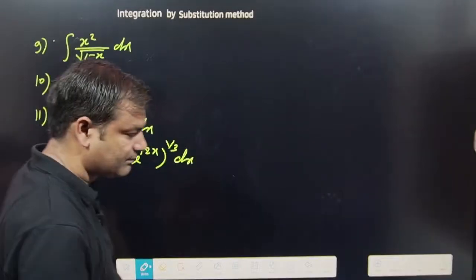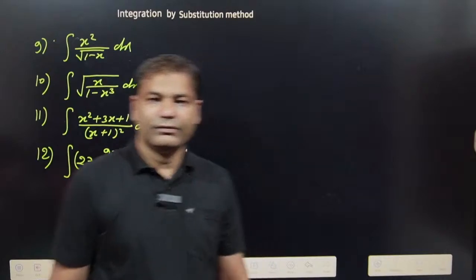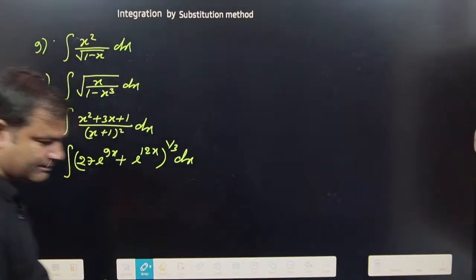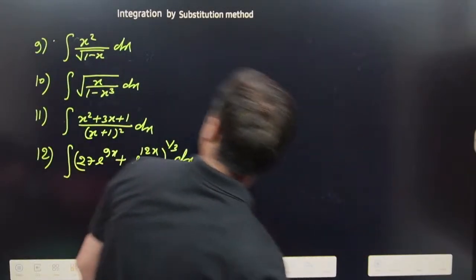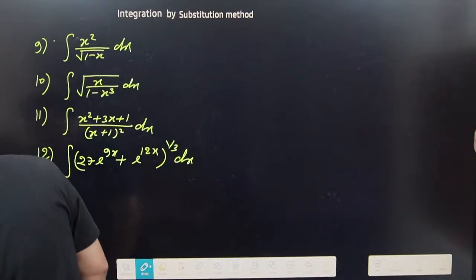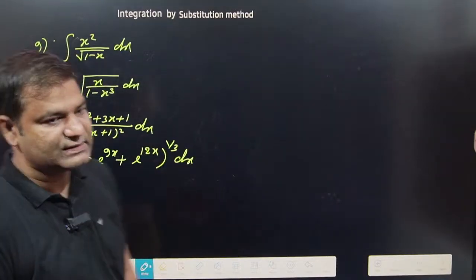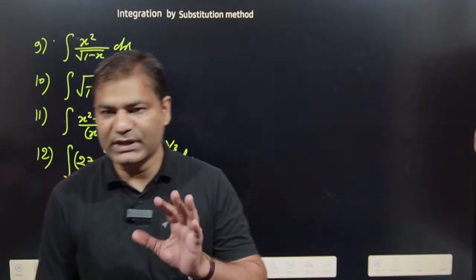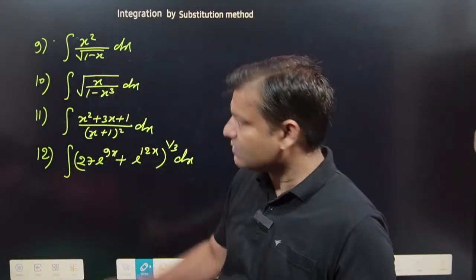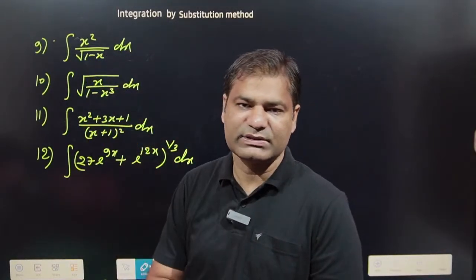One by one. First of all, everyone can try. How can we do? Question number 9. X square upon under root 1 minus x dx. You can choose here minus 1 adding, plus 1 subtracting.